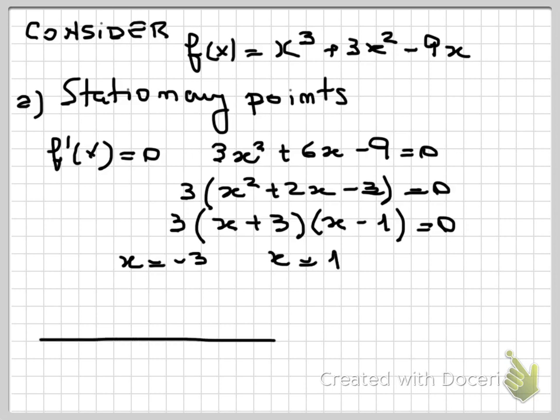So in the number line, I am going to plot 1 here, 0 here, and negative 3 more or less here. Okay? So in these points, the derivative is 0. First derivative is 0 here and here.